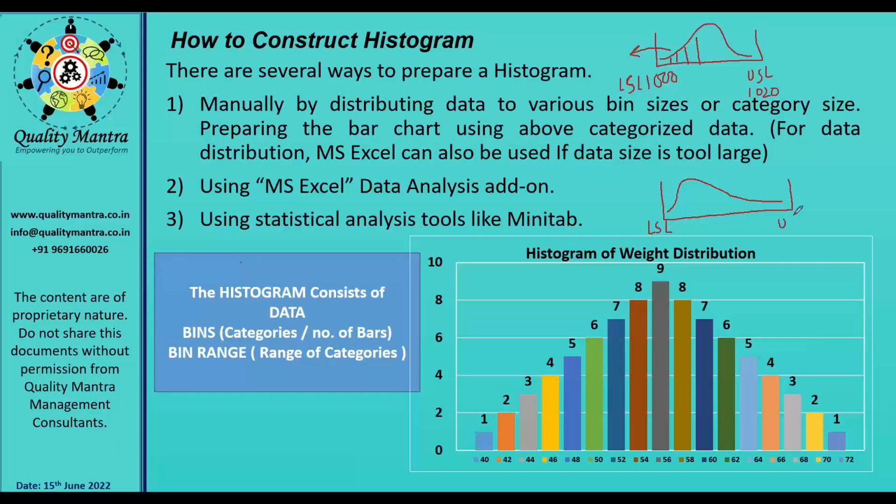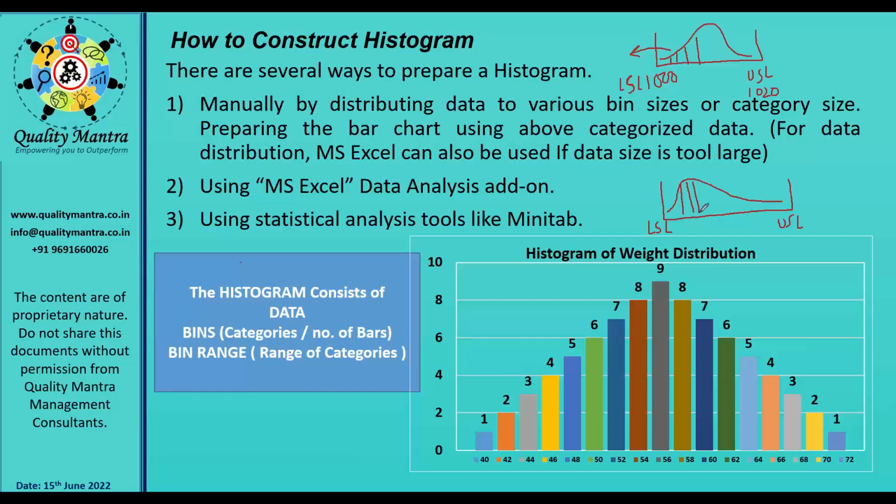What is the meaning of this now? Can anybody tell me क्या हुआ है यहाँ पर? What has happened? डाटा किस तरफ ज्यादा है? Lower side it is more when compared to higher side. Yes. So it means that you are at the lower side of the specification.